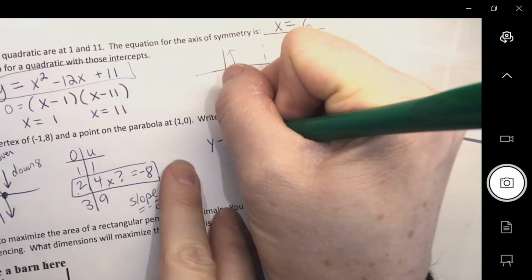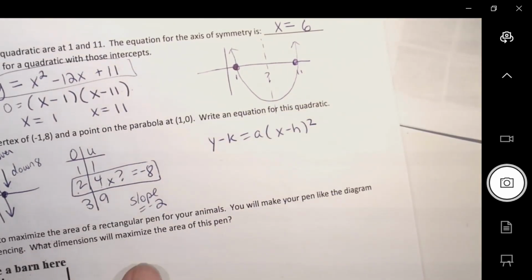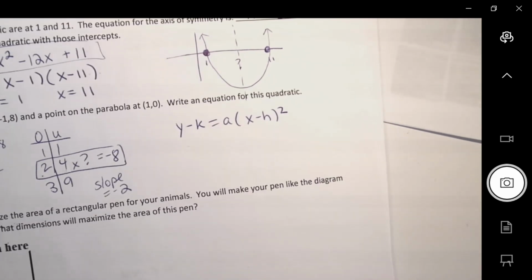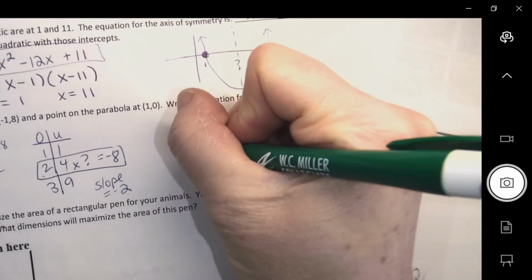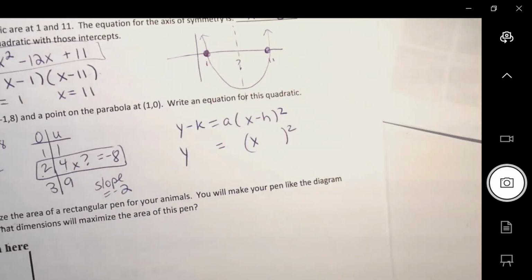So don't forget what we had on our formula sheet. Okay, so I'm going to leave y, I'm going to leave x. X and y, they stay in there.